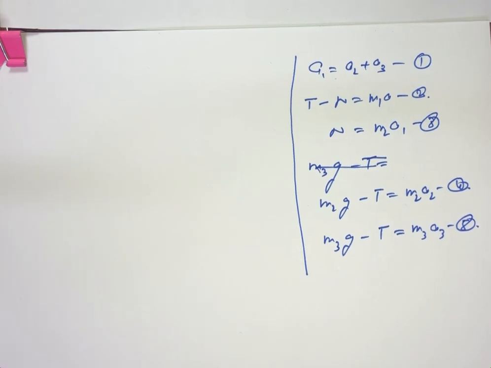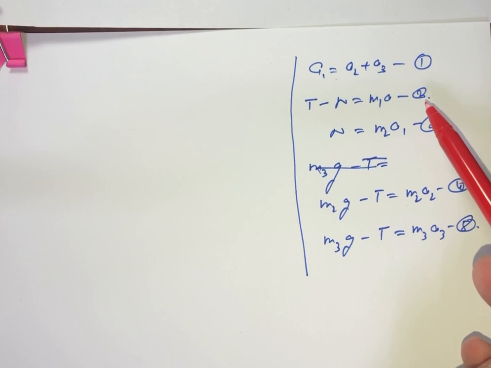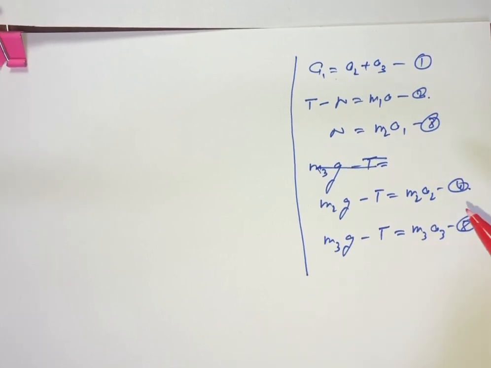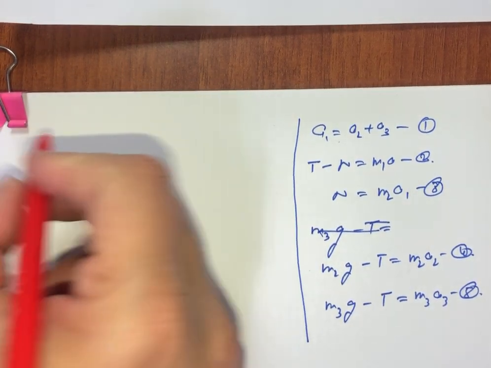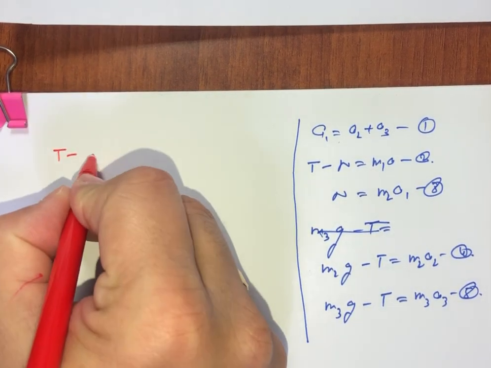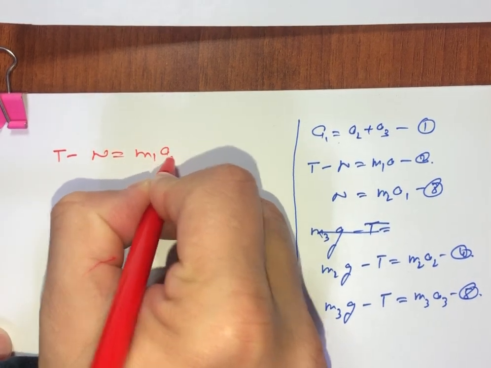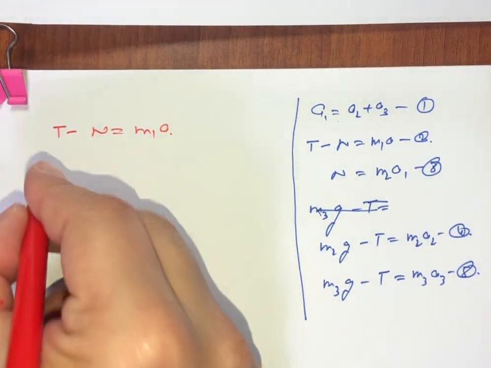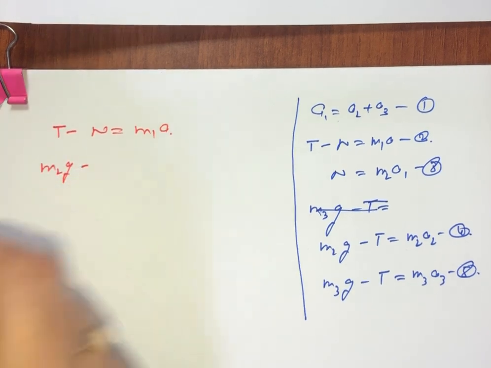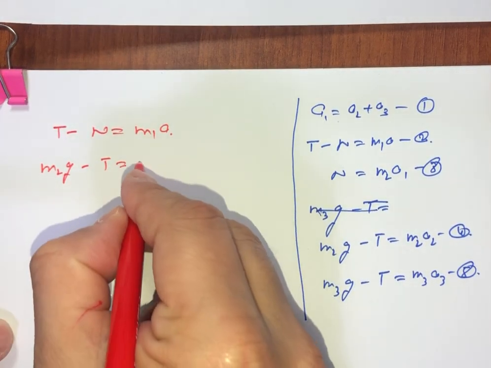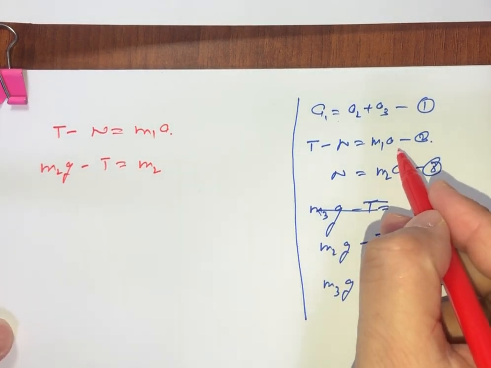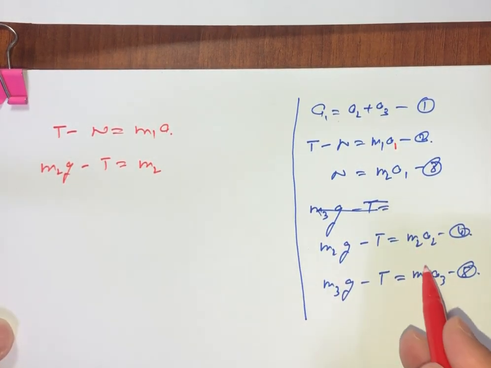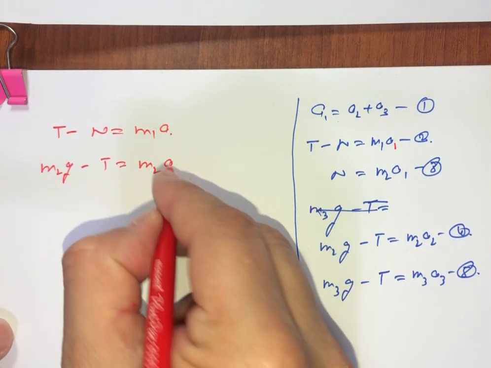So let us use equation 2 and 4, sorry, not 2 and 3. Okay. So we get T minus N is equal to M1a1, and we have M2g minus T is equal to M2a2.